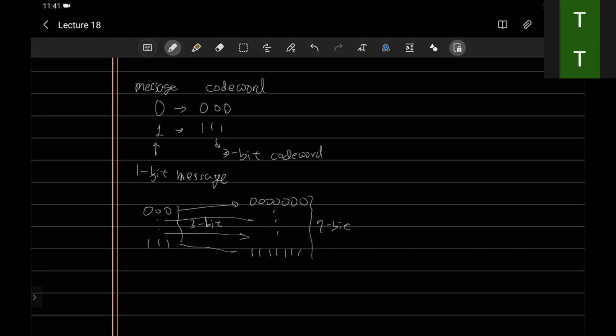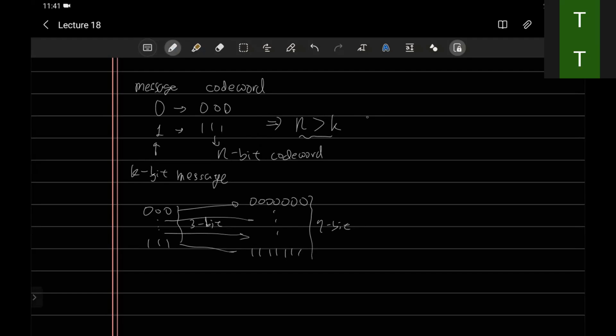So in general, I will say that this number is the k-bit message, and the number of bits used in the code word is n-bit. Because we generally want to have a longer code word compared to the message, this will generally hold.